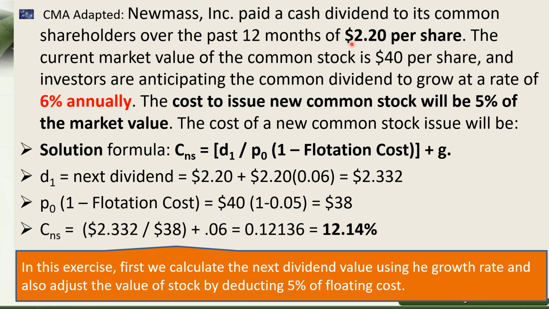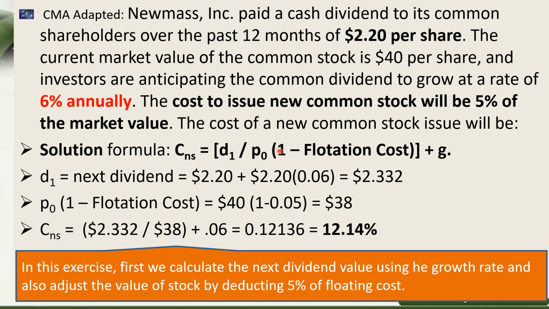So the next dividend has to be adjusted with the growth rate, which is 6%. So accordingly, 2.20 multiplied by 1.06, you get this value. Or you calculate $2.20 plus 6% of 2.20. You add both together and get $2.332, which is the D1 value as per the formula.